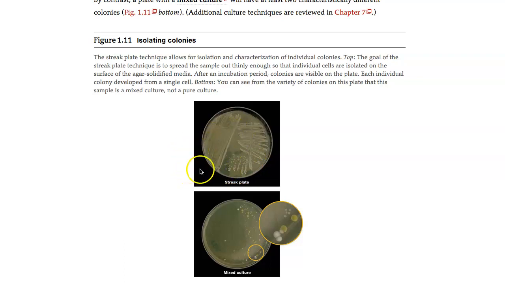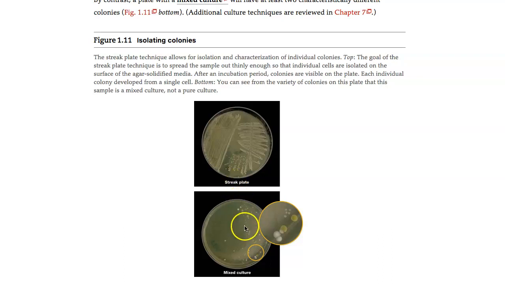So hopefully by the time everything grows up, you've got single colonies, which can be distinguished from all other colonies, and that represents what we would call a pure culture, a group of microorganisms of the same strain that originated from a single cell, and that's called a clone.